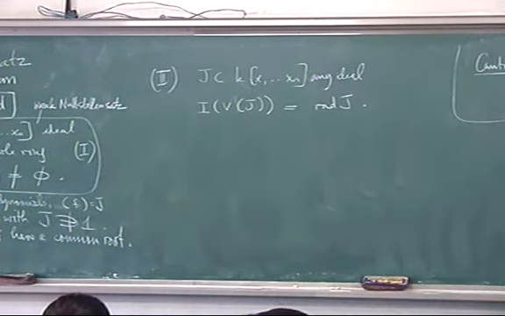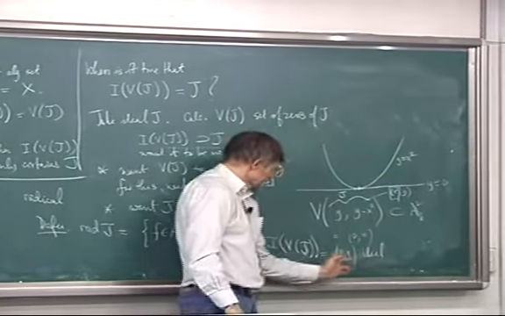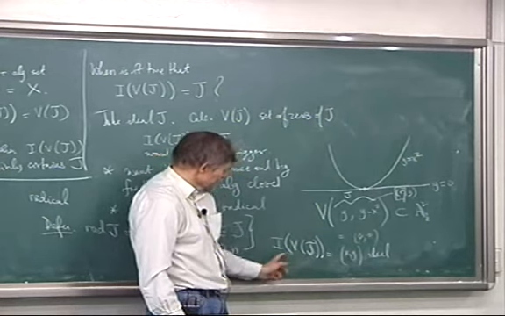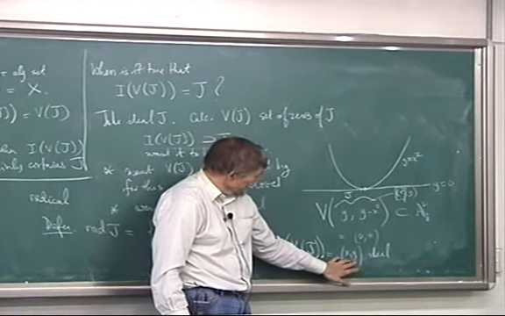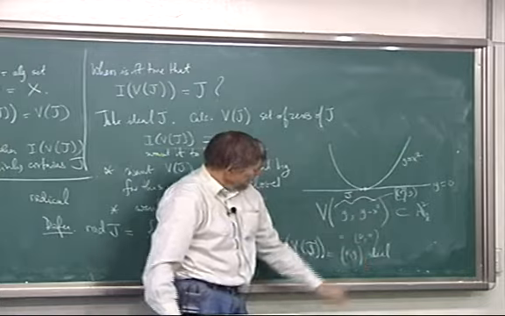I start off with these two equations, I find their common points of solutions, and then I ask for the ideal of all functions vanishing on them, and I find something which is the radical of the ideal J.